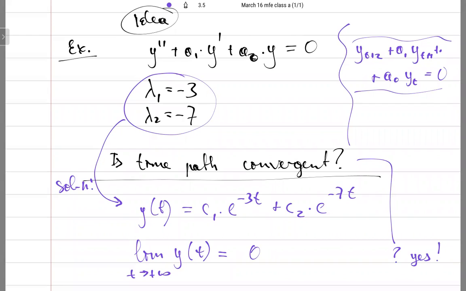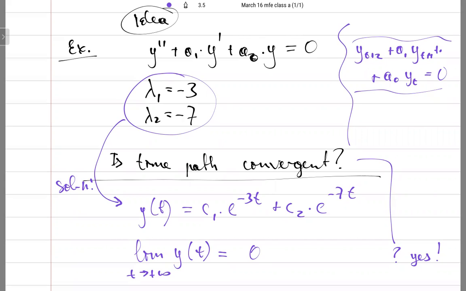Okay. So how to check whether the time path is always convergent? I need to understand whether the real parts of all roots are negative. If the real part is always negative, then I'm done. The general solution will converge to 0.